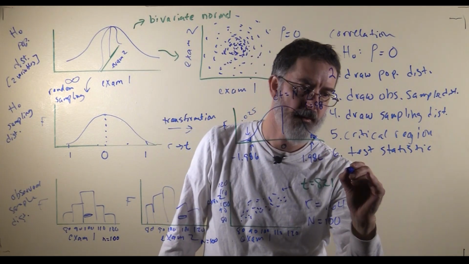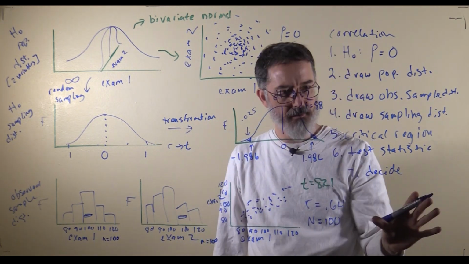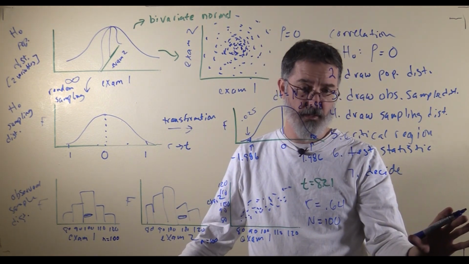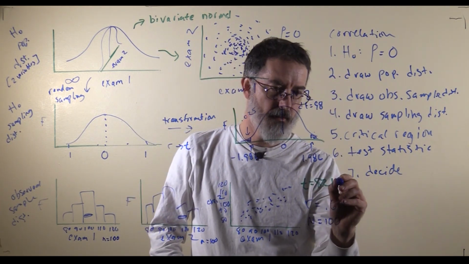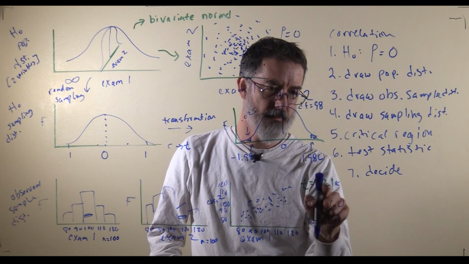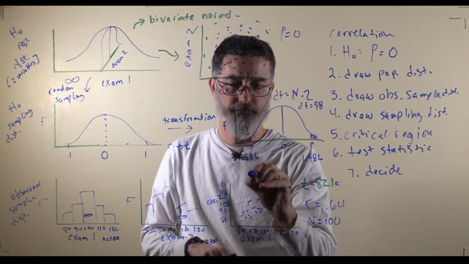The next step is to decide to reject the null hypothesis or fail to reject the null hypothesis. So we'll compare our observed t-statistic with our t-critical values.